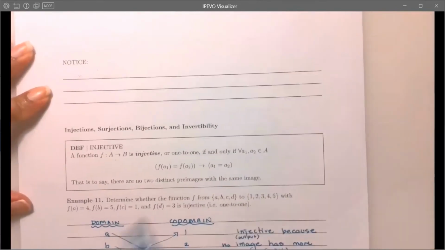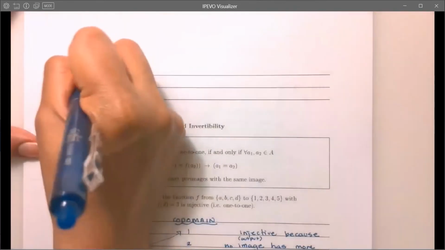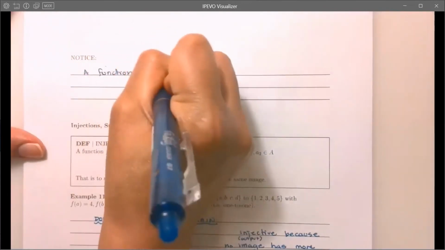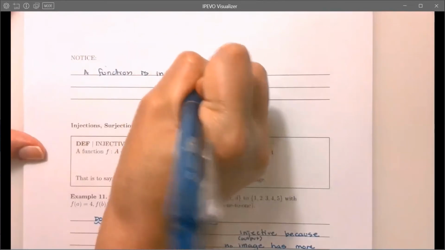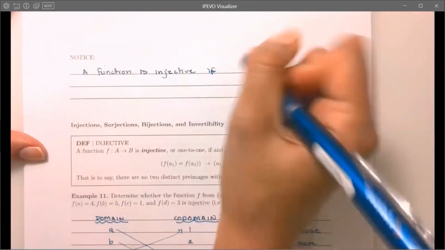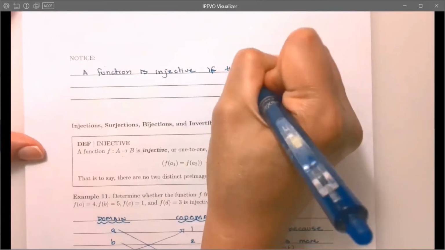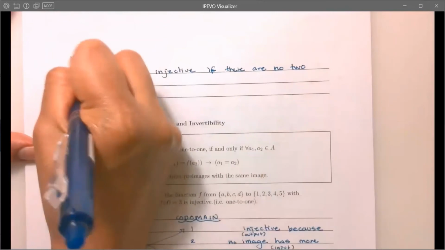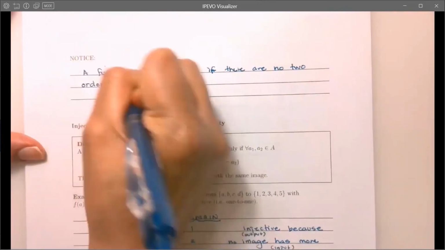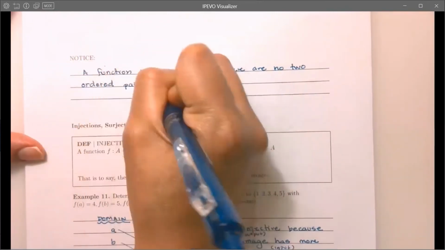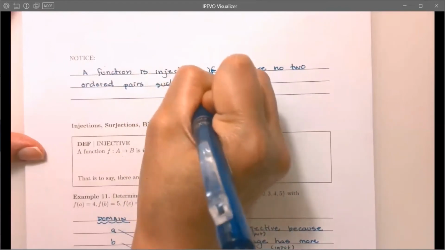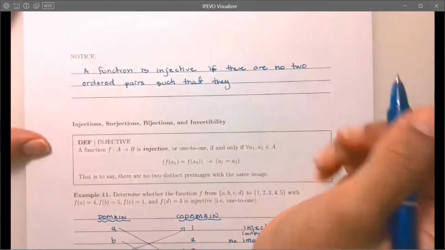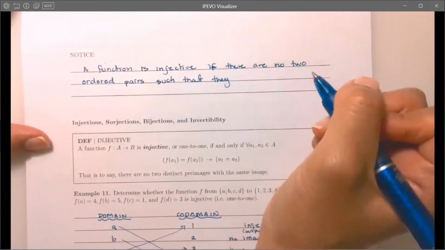So notice, a function is going to be injective if there are no two ordered pairs such that they have the same second coordinate but different first coordinate.